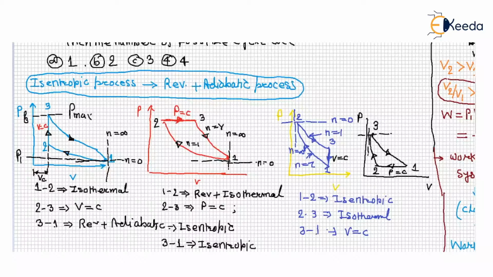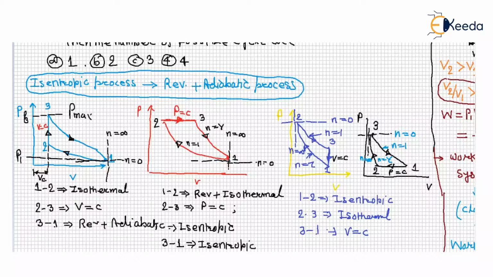So this is your n equal to 0 and this is n equal to infinite. This is your n equal to 1 and this is your n equal to gamma, right?